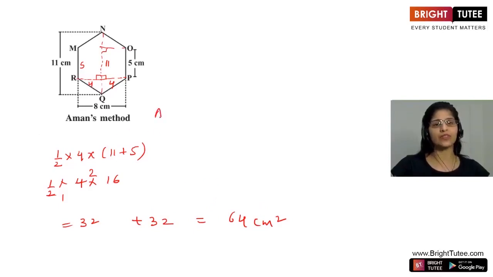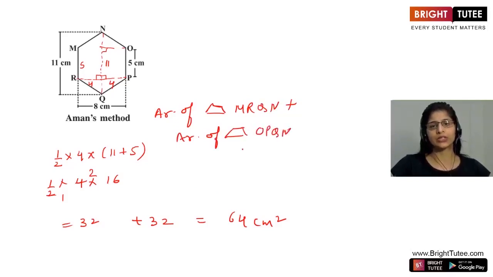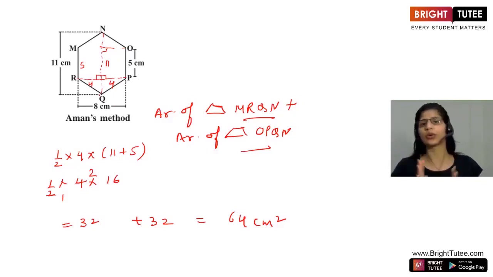In Aman's method we found the area of trapezium MRQN plus the area of the second trapezium OPQN. The areas of both are the same, because the parallel sides in both cases are 5 and 11, and the height is 4.